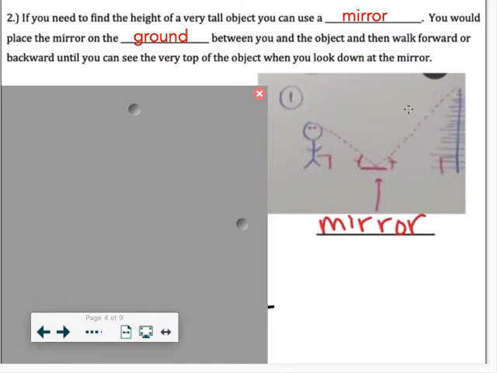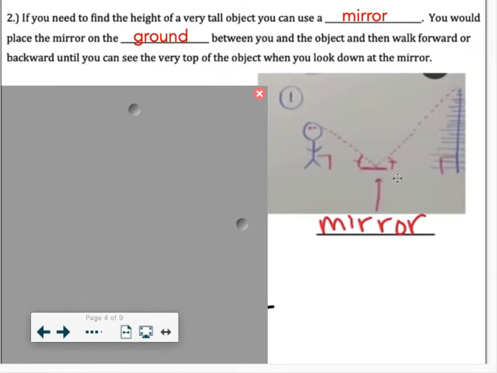I could place a mirror on the ground in between myself and this tree. Okay? And if I was to walk backwards until when I looked down at the mirror, I could see the tip top of this tree. That's how far I need to walk backwards. Okay? So it's almost like a little science experiment.